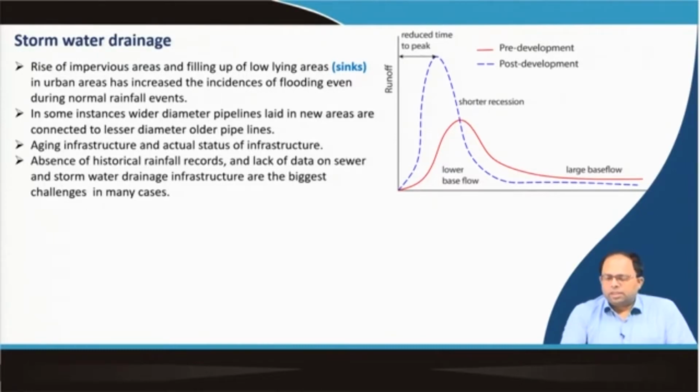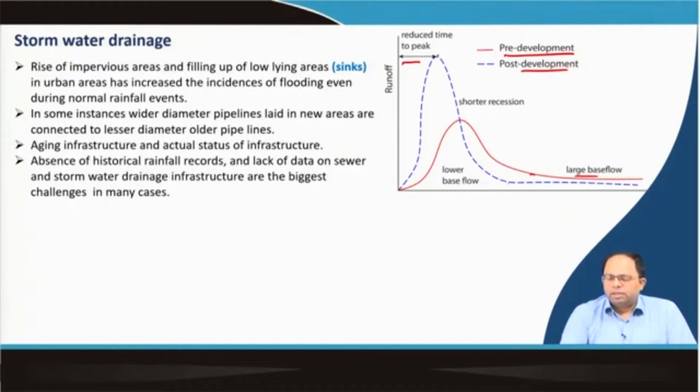So, as you can see in this particular image, the red line is the larger base flow. That means the pre-development flow, before this area was developed, and you can see the base flow was pretty extended and it was larger. But now after development, you can see the runoff volume that is generated is high and it is generated much faster. So, there is a reduced peak time, and the base flow is actually reducing.